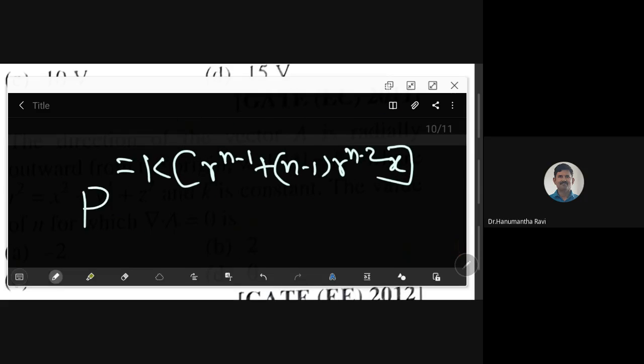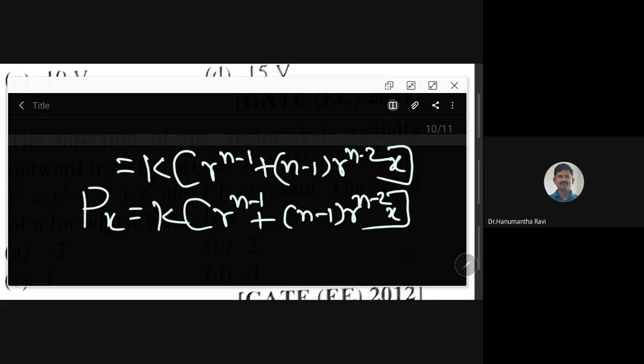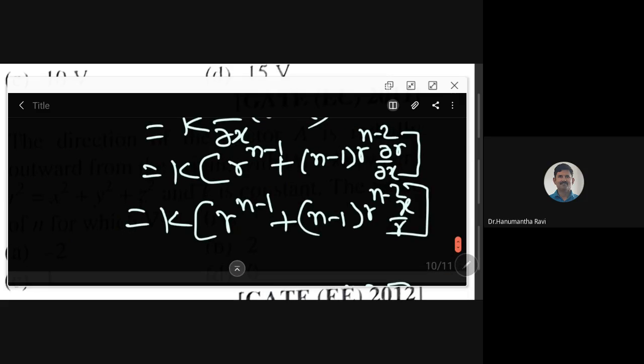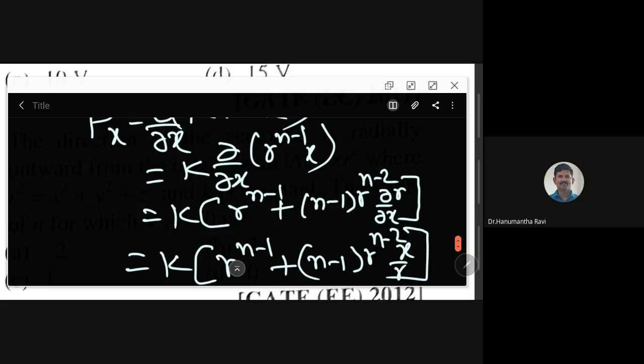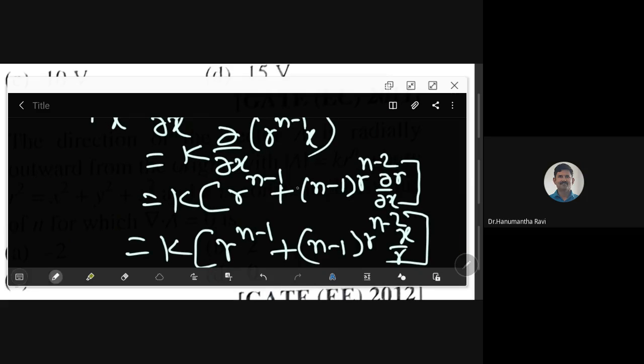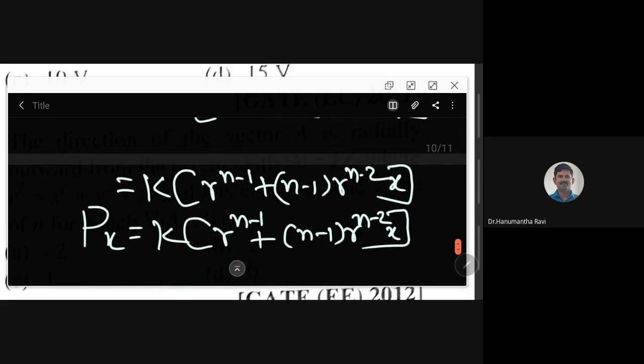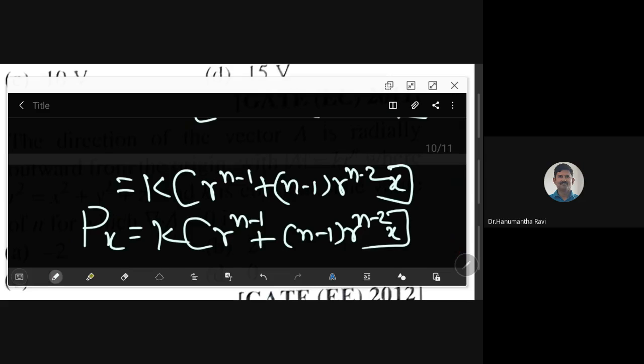So we got P_x as k into [r power n minus 1 plus n minus 1 into r power n minus 2 into x]. One more x is missing here, since x is already there, so you have x square.